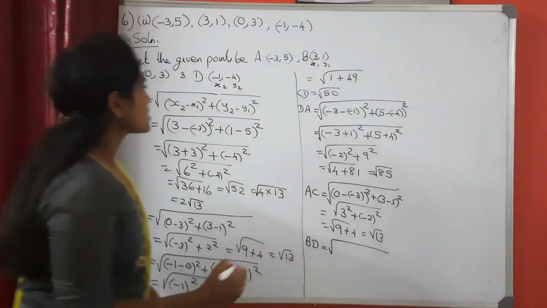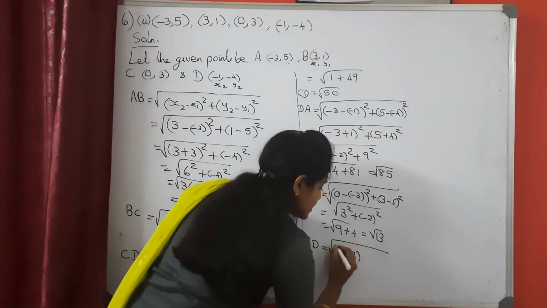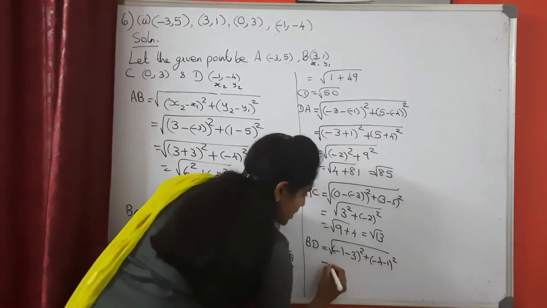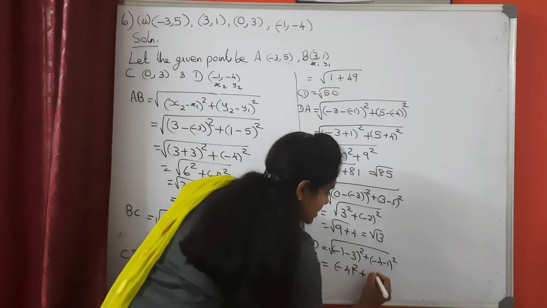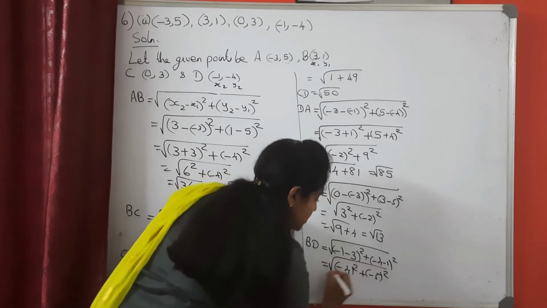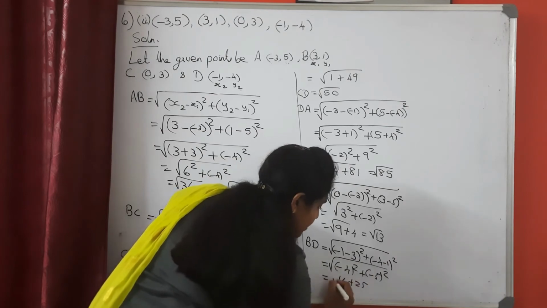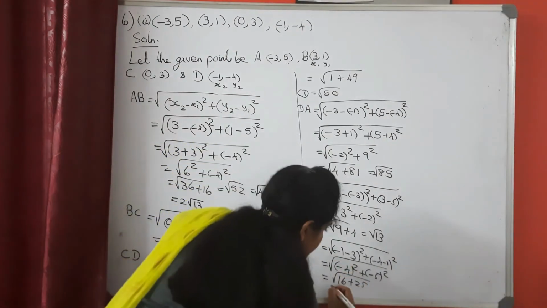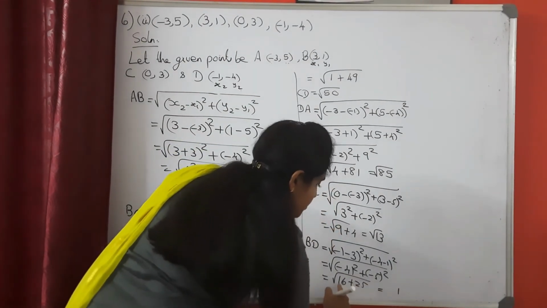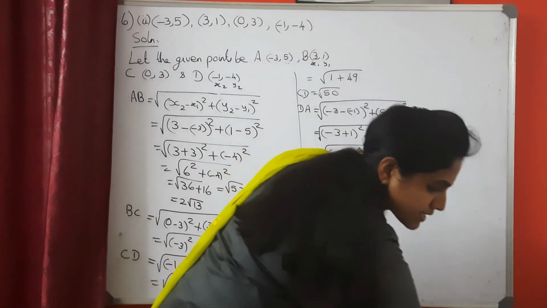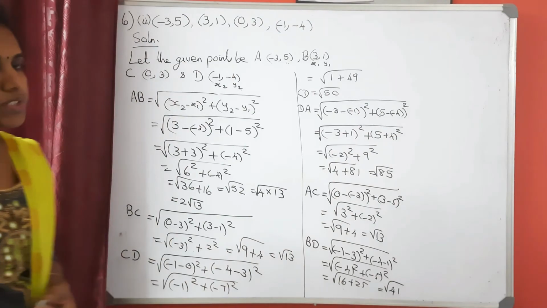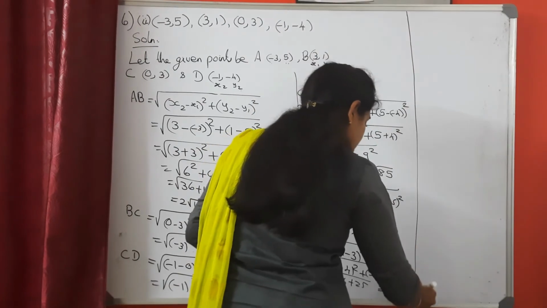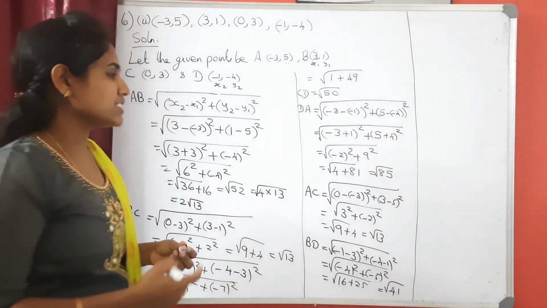Root of x2 minus x1 the whole square plus y2 minus y1 the whole square: minus 1 minus 3 the whole square plus minus 4 minus 1 the whole square, equal to minus 4 square plus minus 5 square, equal to 16 plus 25, equal to 41. Root 41 is the answer. So BD equal to root 41 we got. Now we have done all the 4 sides and two diagonals also we got.